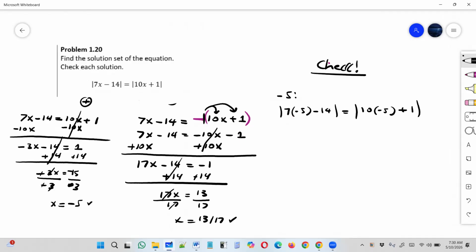So let's see. The 7 times -5 is -35 minus 14. This is -49. And on the right, -50 plus 1 is -49. So that checks. That is okay.